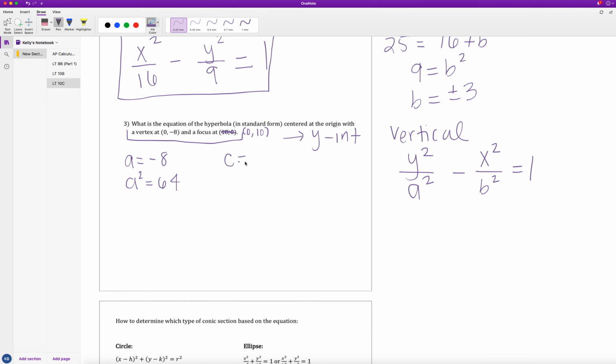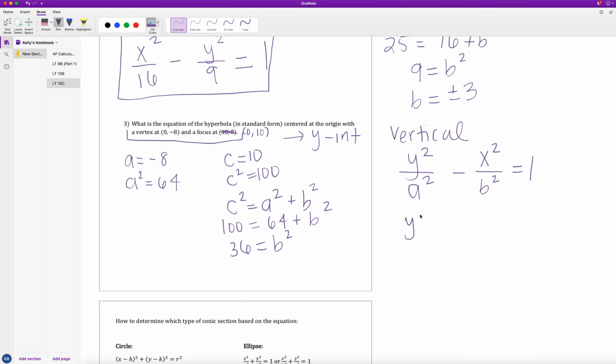Our focus is our c, which tells me that c squared is going to be equal to 100. So I can use that relating equation, c squared equals a squared plus b squared. Substituting in, I get 100 equals 64 plus b squared. Subtracting it over, we get 36 is equal to our b squared, which is the missing link that I needed.